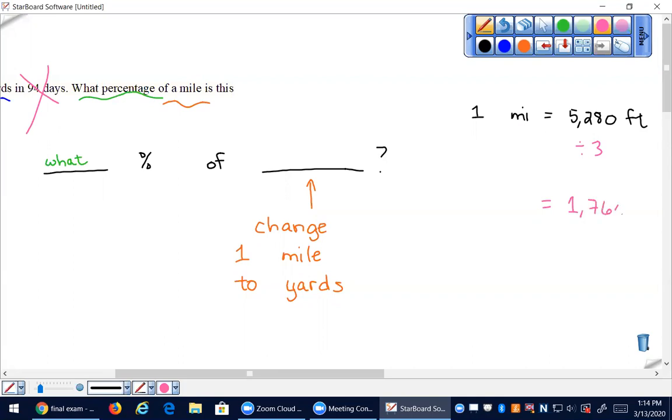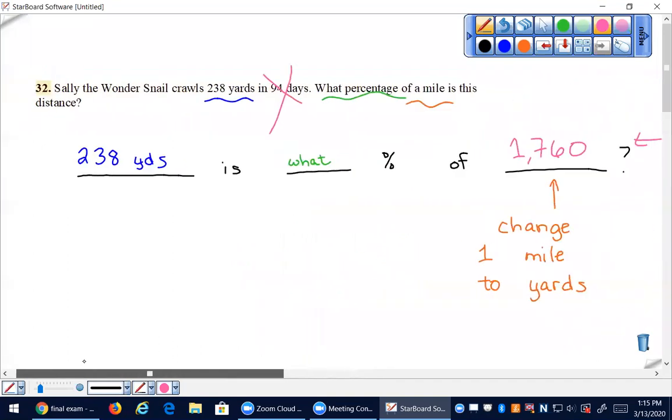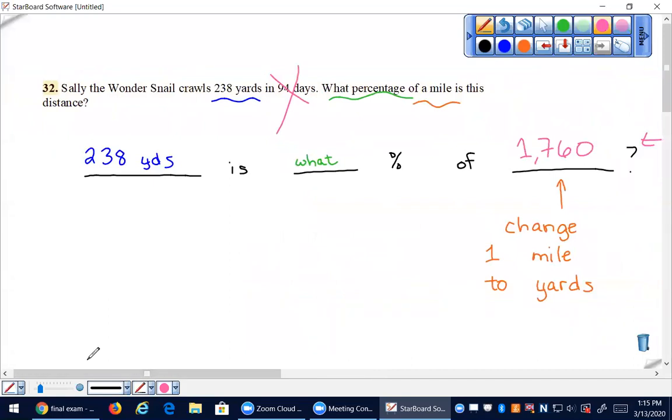You might just want to memorize that there's 1760 yards in a mile, since you're allowed to have notes. Okay, so that's my question: 238 yards is what percentage of 1760 yards?